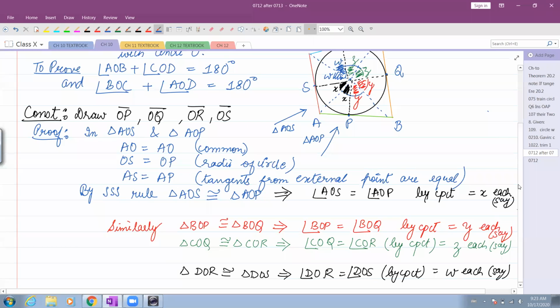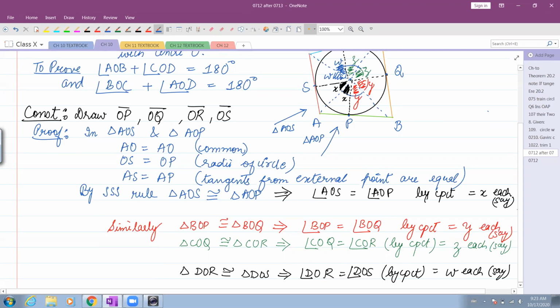Anyone with questions still here? No, ma'am. In the last question that we did, when I marked x, x and y, y, I used the result that they are forming a straight angle. Right now, the angles that I have marked as x, y, z, w in pairs, what do you think the property I'll use in this case? These are all angles around a point, around the center of the circle.